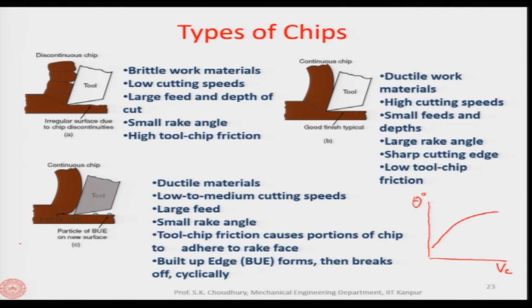It will be non-linear, and the temperature varies as root over Vc. So, as the cutting velocity increases, the temperature increases, and at a certain condition of temperature and pressure, instead of the chip flowing along the rake face smoothly, a very thin layer will be ruptured from the chip surface, because of the high pressure and high temperature.